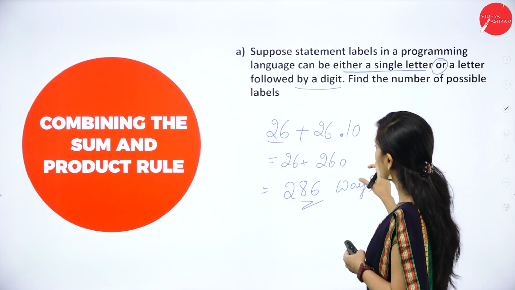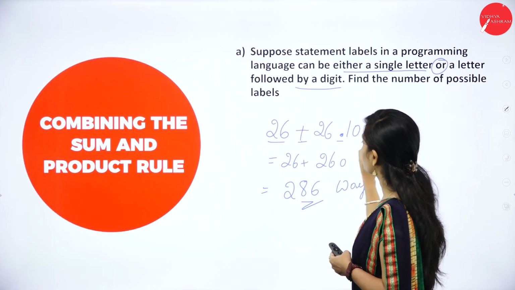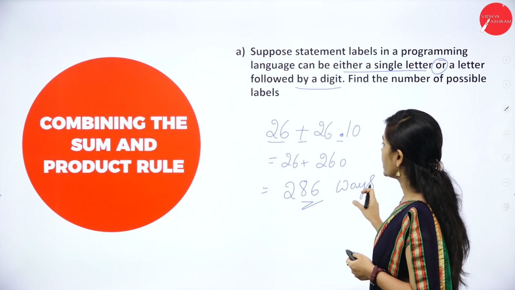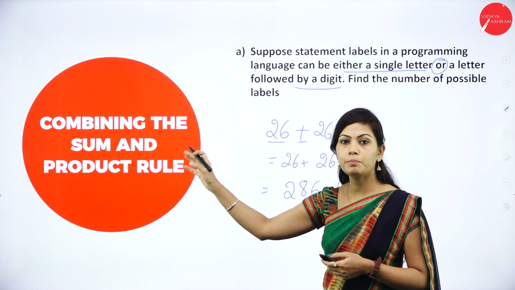Here I am combining the sum rule and the product rule. This is called combining the sum and product rule.